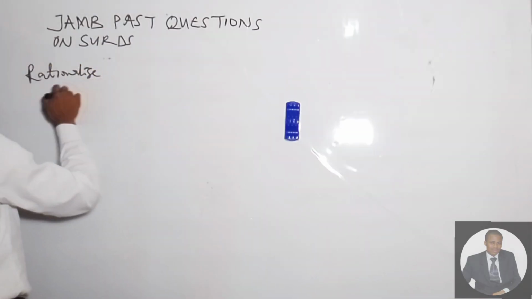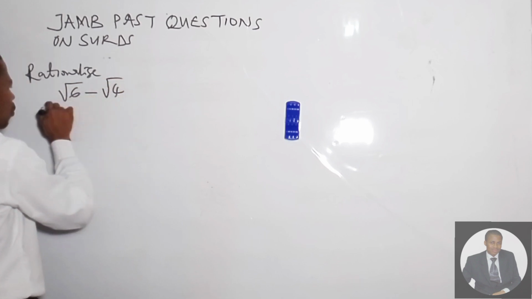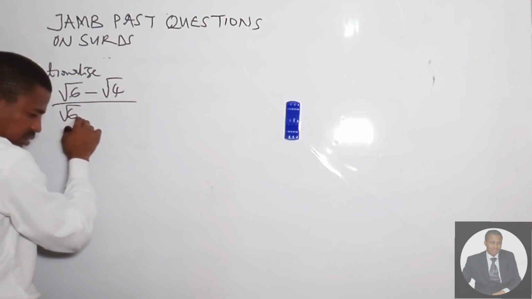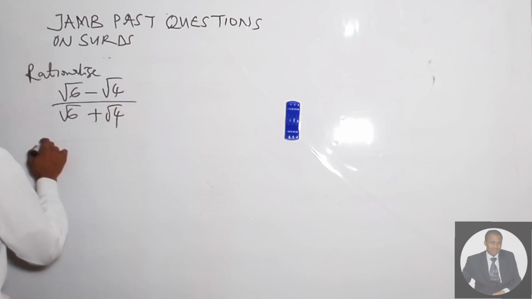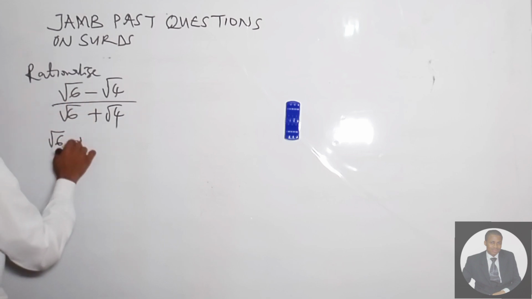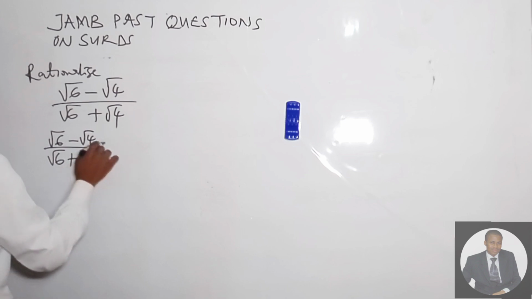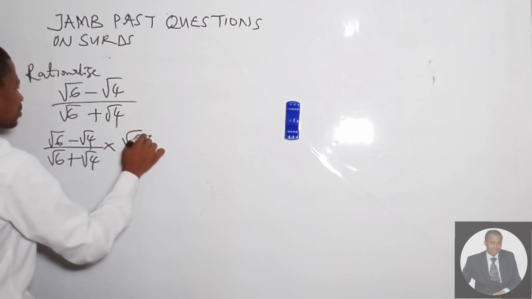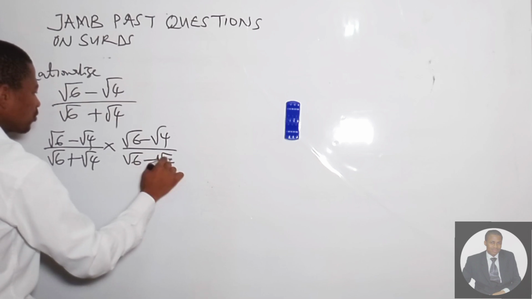Rationalize root 6 minus root 4 over root 6 plus root 4. We look for the conjugate. Actually, both are conjugates of the other. So root 6 minus root 4 over root 6 plus root 4 multiplied by root 6 minus root 4 over root 6 minus root 4.